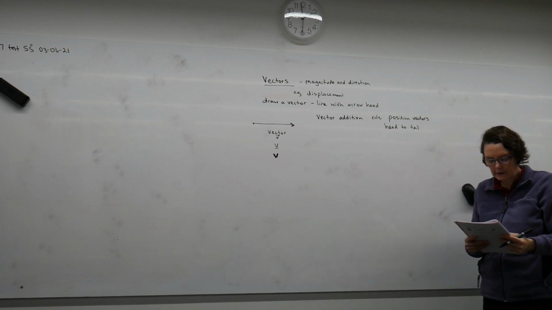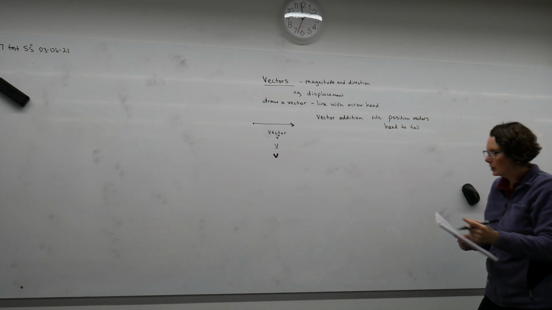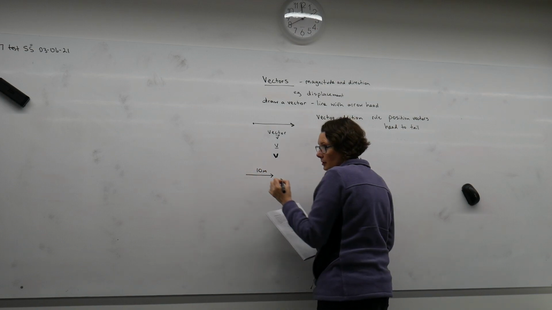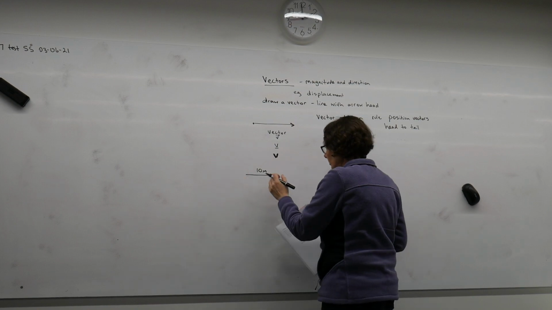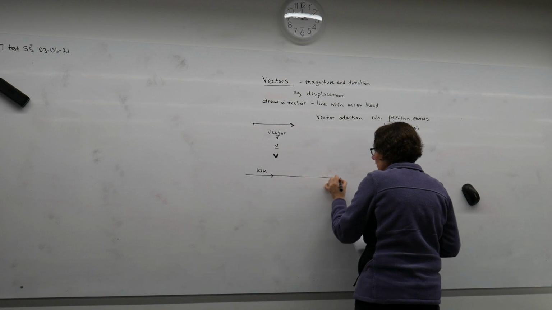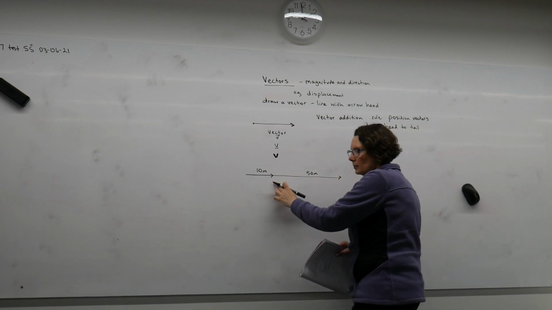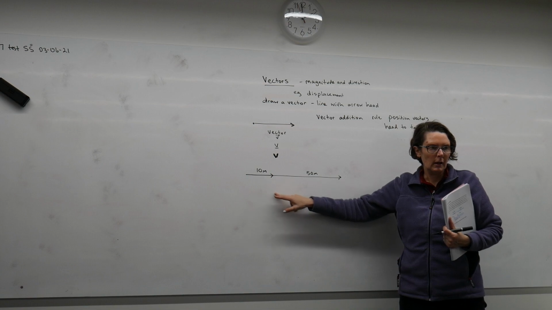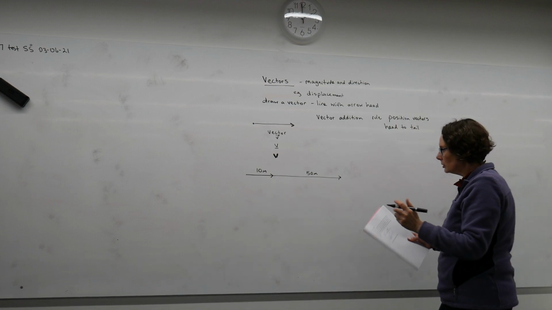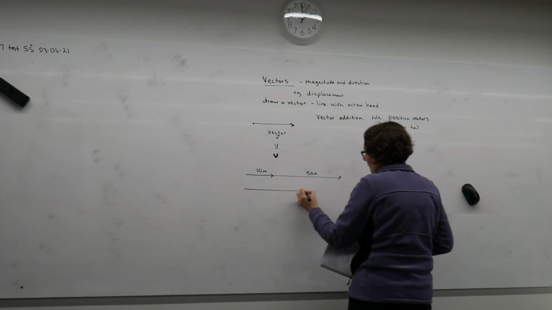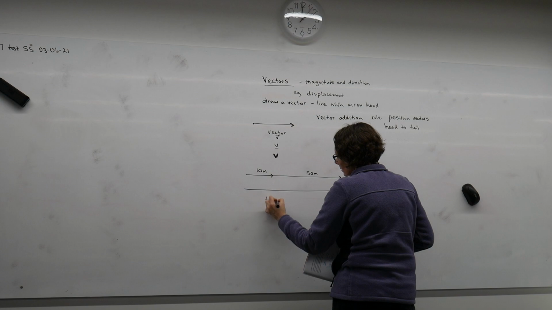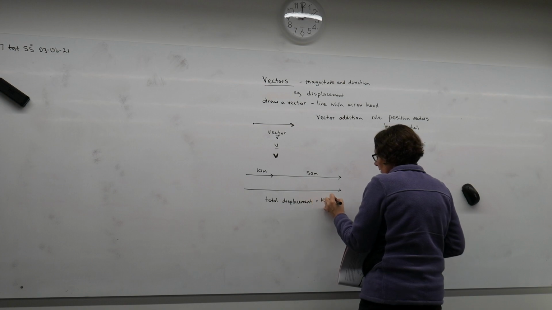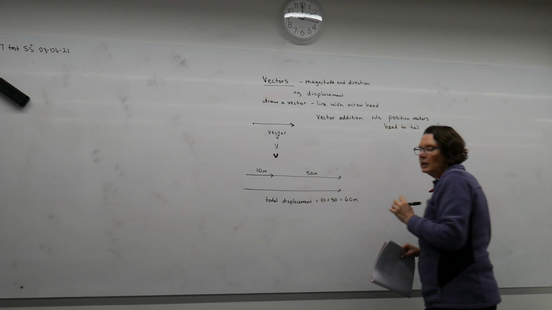So if we have a look at an example here in our booklets where we had our swimmer, where she moved the 10 metres from behind the blocks up to the pool, and then if she swam 50 metres after that, I can represent that as vectors by putting the tail of the second vector on the head of the first, and that tells me that the total displacement is 60 metres.